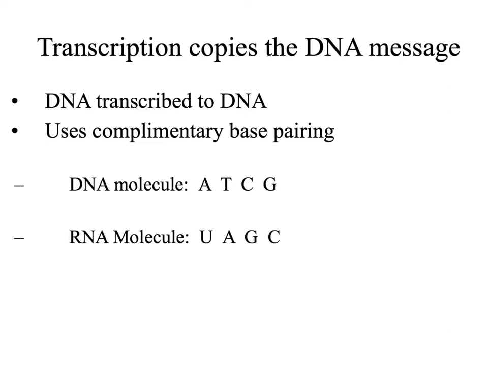So, for example, if a DNA molecule has an adenine, it will actually pair with a uracil in RNA. A thymine in DNA will pair with an adenine in RNA. A cytosine in DNA will pair with a guanine in RNA, and a guanine in DNA will pair with a cytosine in RNA. The big difference is that first pairing, going from an adenine to a uracil.